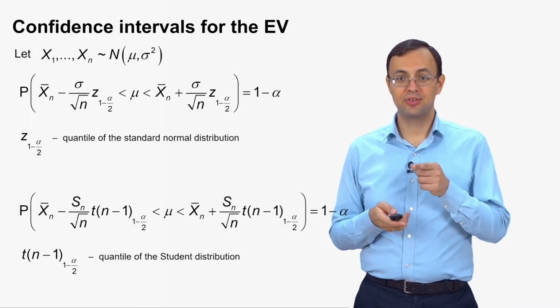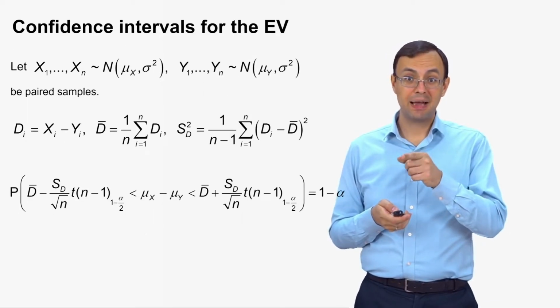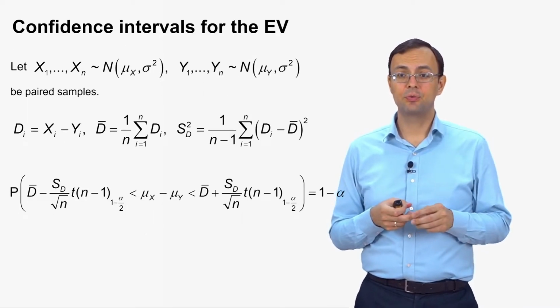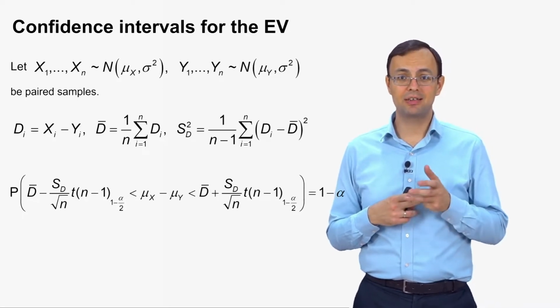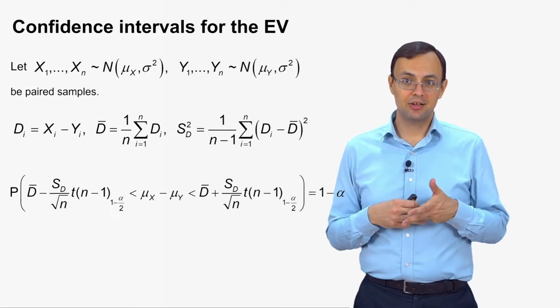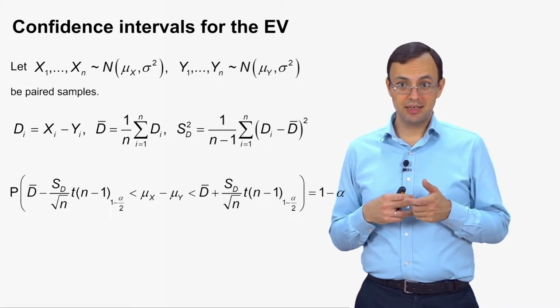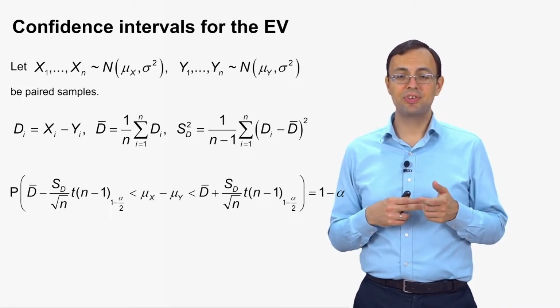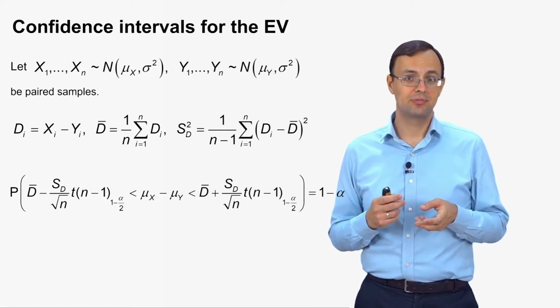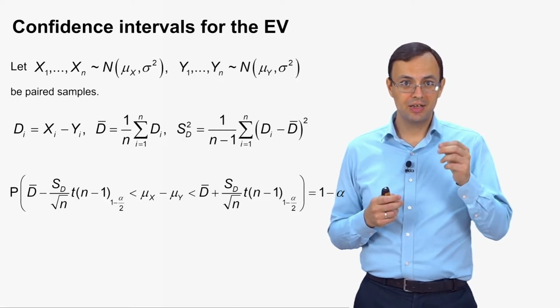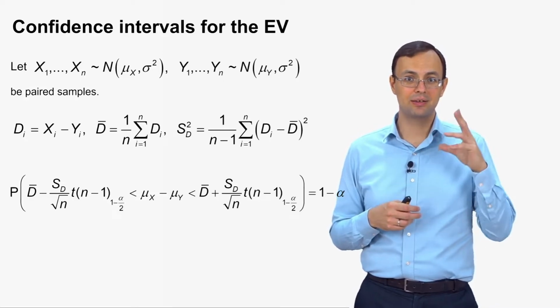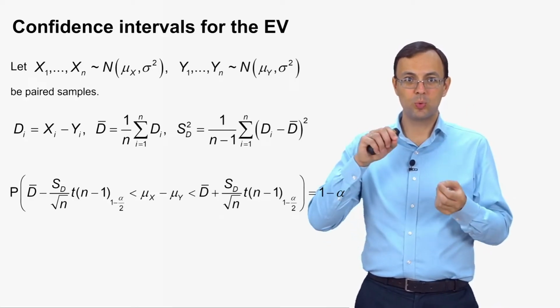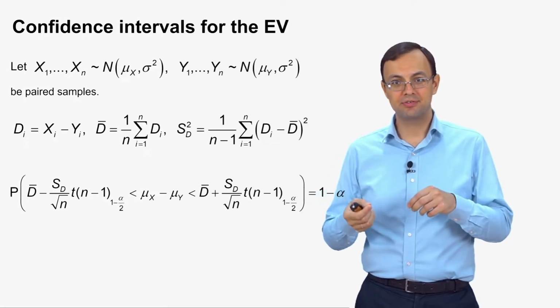You see the same formula as here, but for x bar and s, you have d bar and sd that are sample mean and sample variance for the sample of differences. For each observation, you calculate the difference of x and y, so the difference of what was before and what was after.